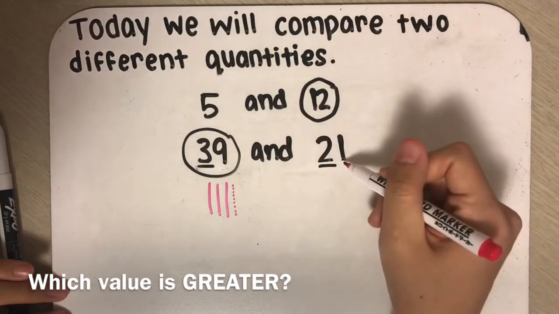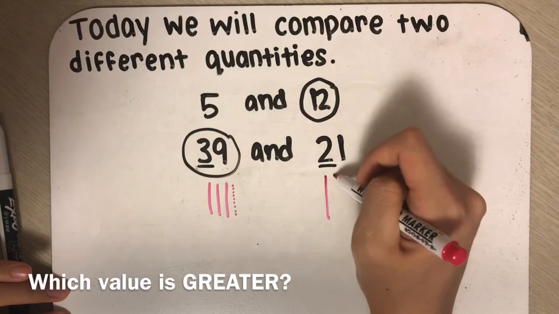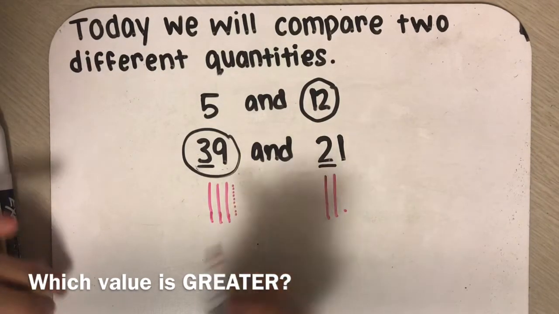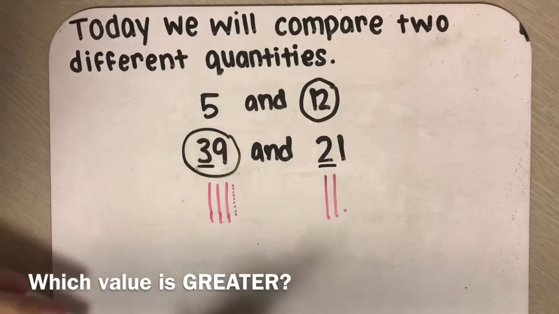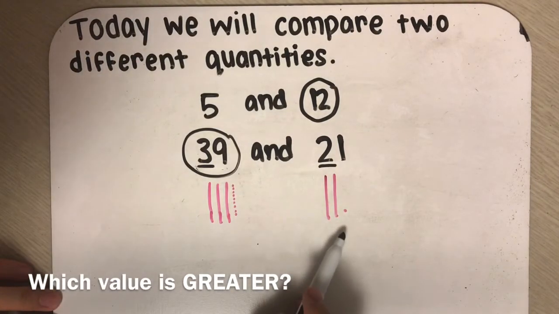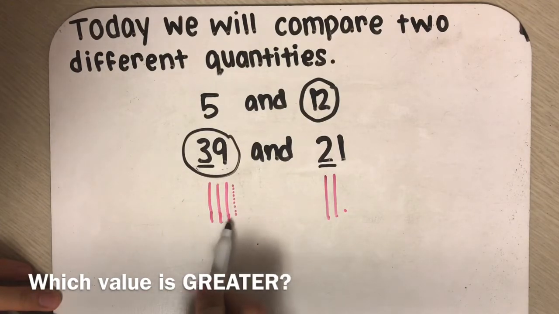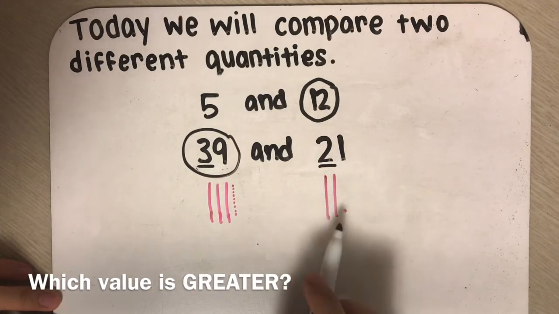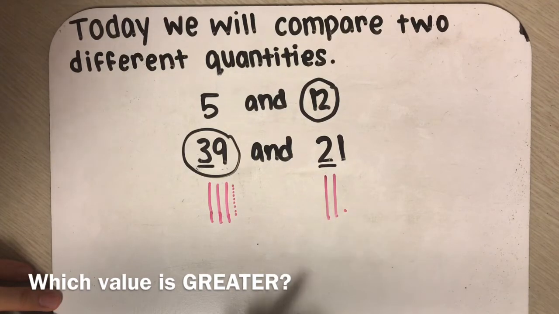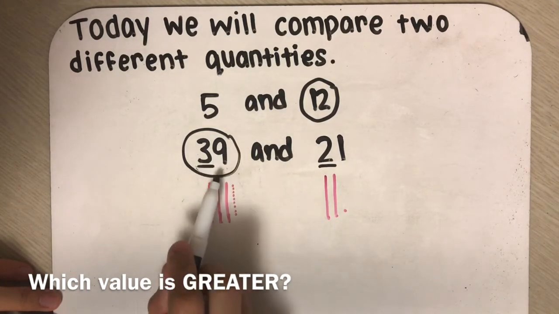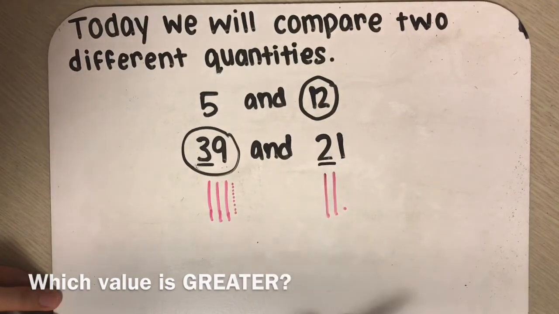For 21, we have 10, 20, 21. When we look at our quick tens, we can easily tell that 39 has 3 tens and 21 only has 2 tens. So we know that 39 is greater than 21.